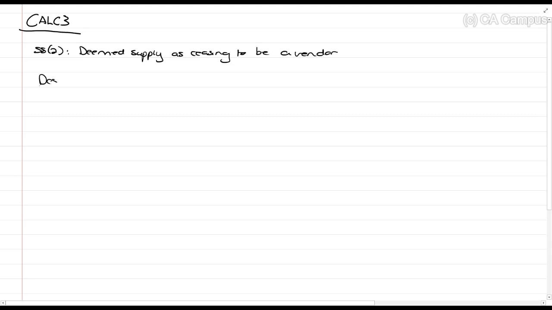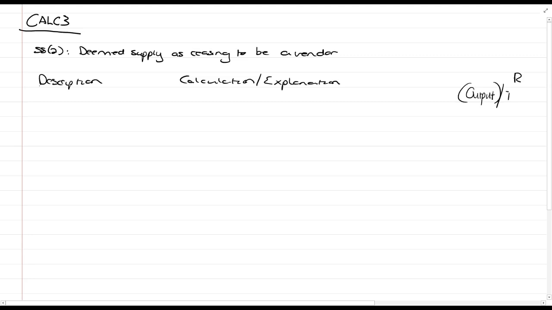We're going to use these headings: description, calculation, explanation, and let's do it in rands, and I'm going to say here output tax, and well, let's make output tax negative and input tax positive. Okay.